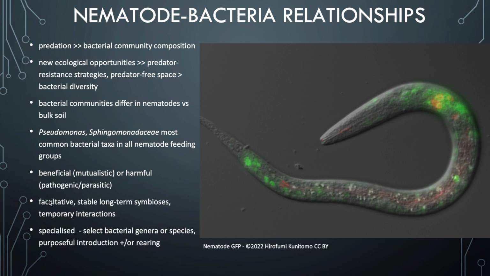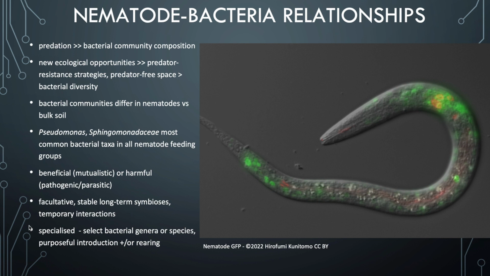That's where its habitat is, and that is its only habitat. And they can be stable, long-term symbioses, where over time that species of bacterium is associated with that species of nematode, or temporary interactions, where there is only a short period of time where the bacteria are associated with the nematode at specific times, but not at others.